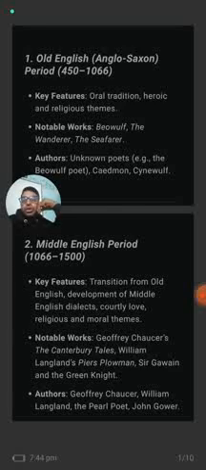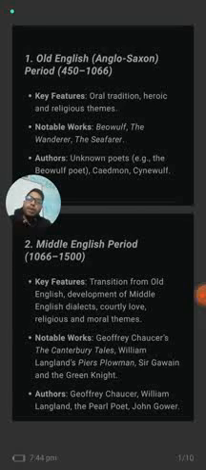Now we see the key features of the Middle English period: transition from the Old English period, a migration from it, and the development of Middle English dialects.